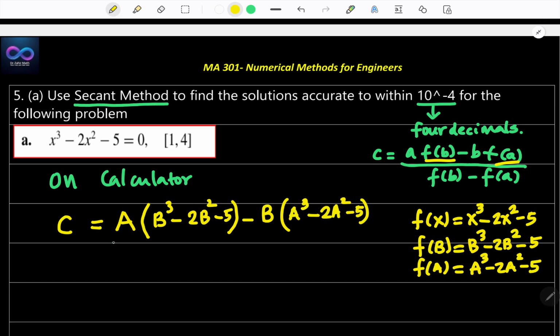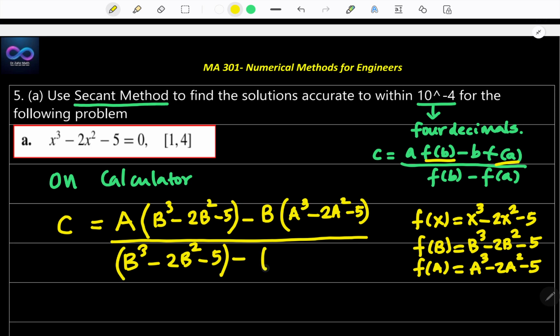Then divided by f of b minus f of a. f of b is b cube minus 2b square minus 5, and then minus, use the bracket, very important, a cube minus 2a square minus 5.